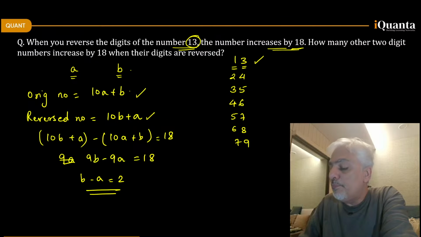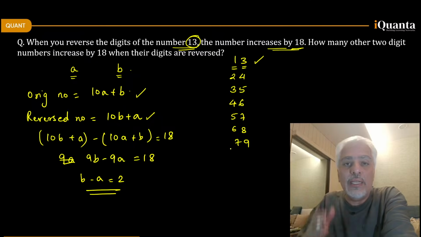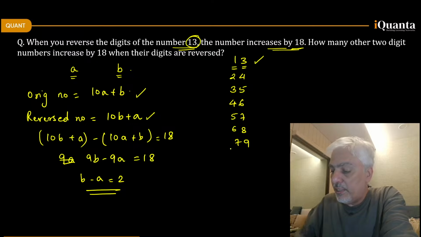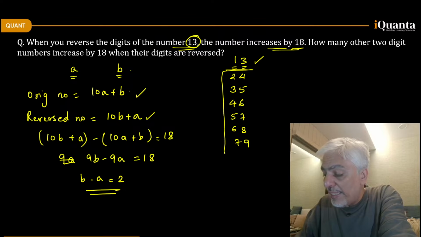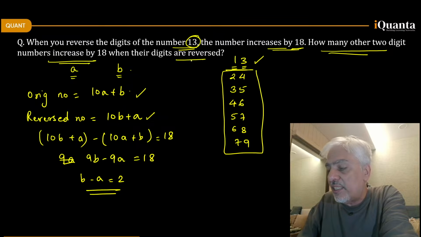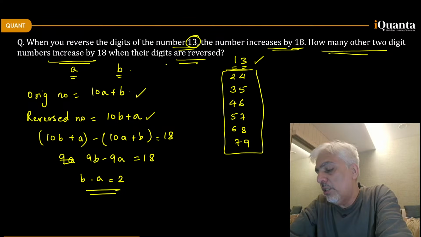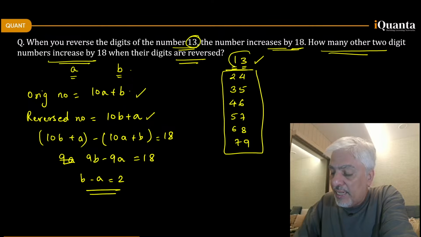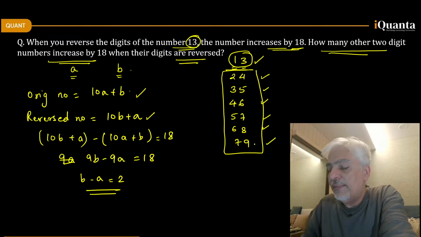B minus A has to be 2, or A minus B has to be minus 2. Same thing. So how many more examples do we have? Read the question very carefully. How many other 2-digit numbers increase by 18 when the digits are reversed? So except 13, there will be 6 more examples. So the answer for this question will be 6.